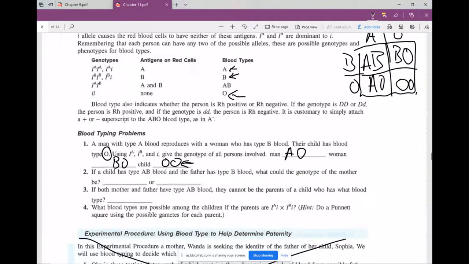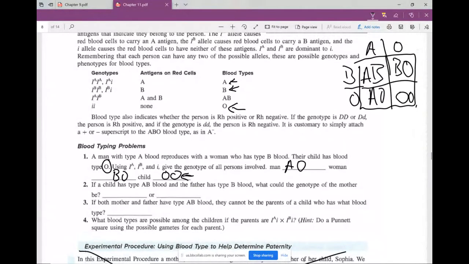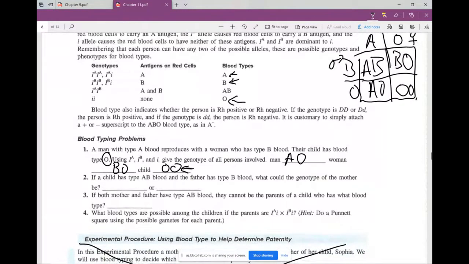If a child has type AB blood, and the father has type B blood, what could the genotype of the mother be? So let's pretend this is the father here, and this is the mother. We already have the Punnett square for that.